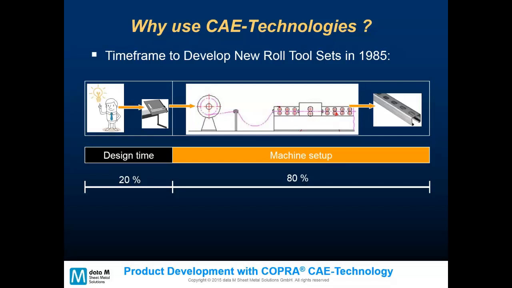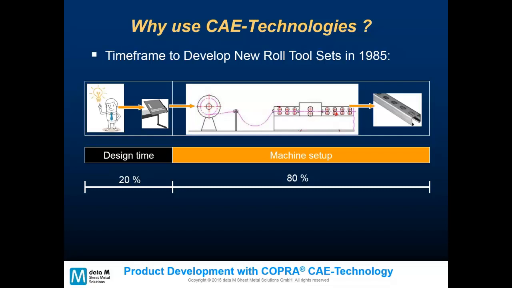And the subsequent roll manufacture itself would have been done using templates generated from these 2D drawings, and following this there would have been a machine setup, the verification of that tooling, and we could be looking in the region of 80% of the overall product development time to verify that profile, that product.